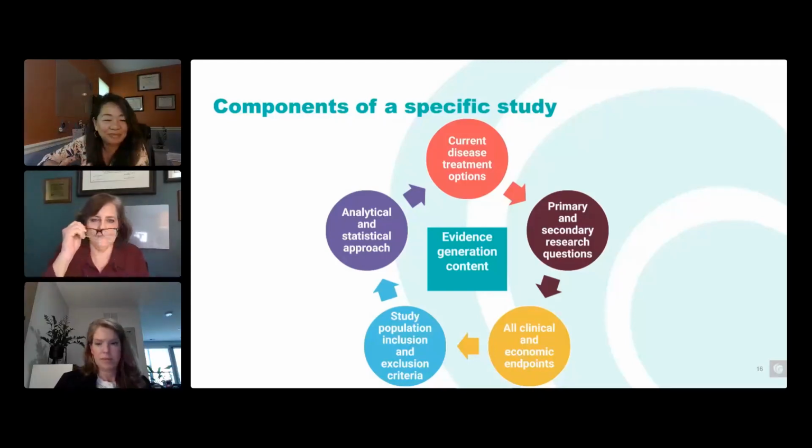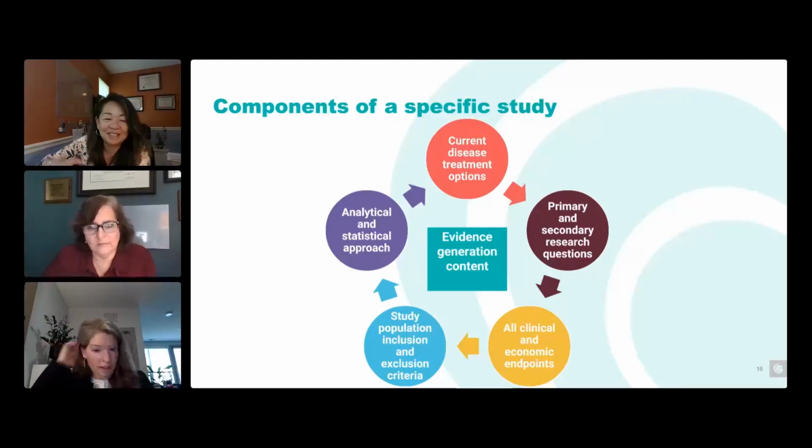Mm-hmm. Yep, exactly right. So I think that was one of the components of the specific study. Really, through the distillation of the brainstorming session, we actually came up with a list of 4 or 5 specific studies that we needed to conduct and look at. Exactly.